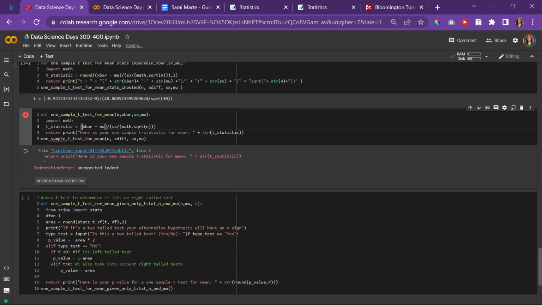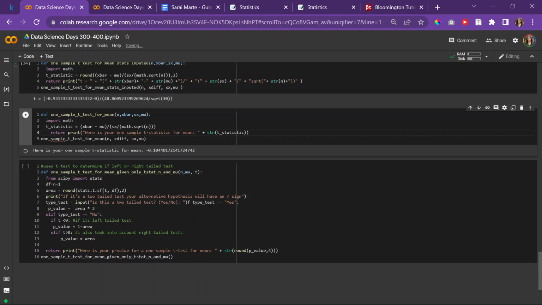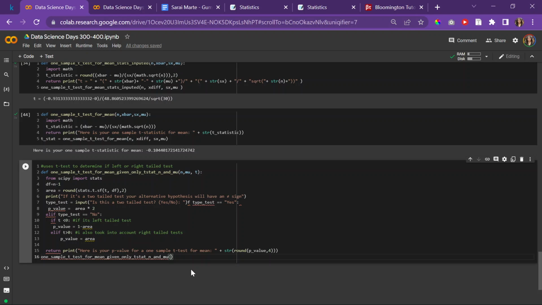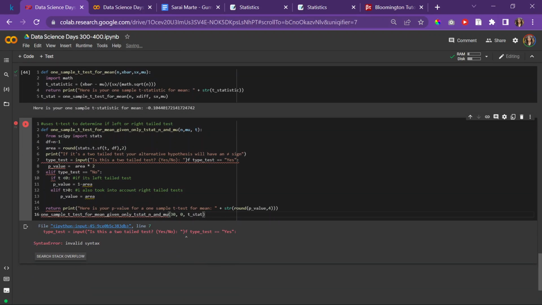Okay, X bar, return. Okay, and then I'll set that equal to my t stat. So I'll run that, set that equal to my t stat, and then just put in 30 for my n, 0 for my mu, and then my t stat. For my t, right? And then run that, and then what now? When did I even write this?